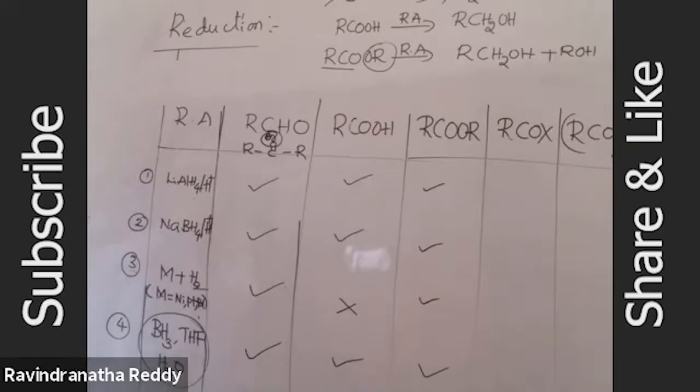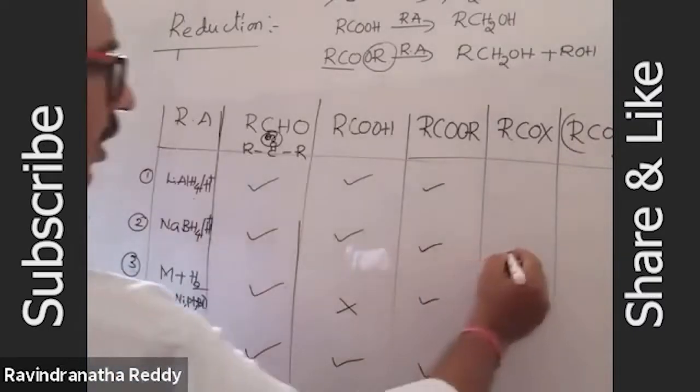Wherever the acid halide condition appears, you have to remember this: we can use sodium borohydride only. Don't use lithium aluminum hydride. Sodium borohydride only, you can use that.